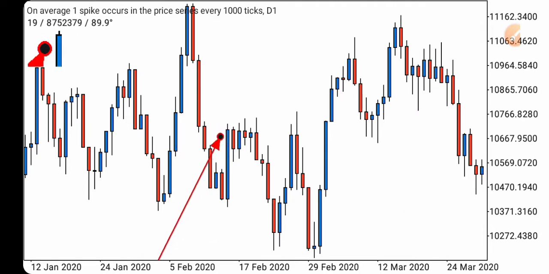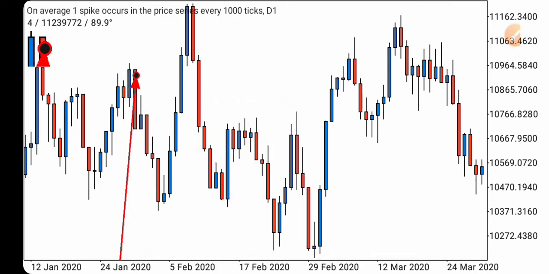Then for a bearish candlestick, this red candle, this is the opening price up here, and this is the closing price.